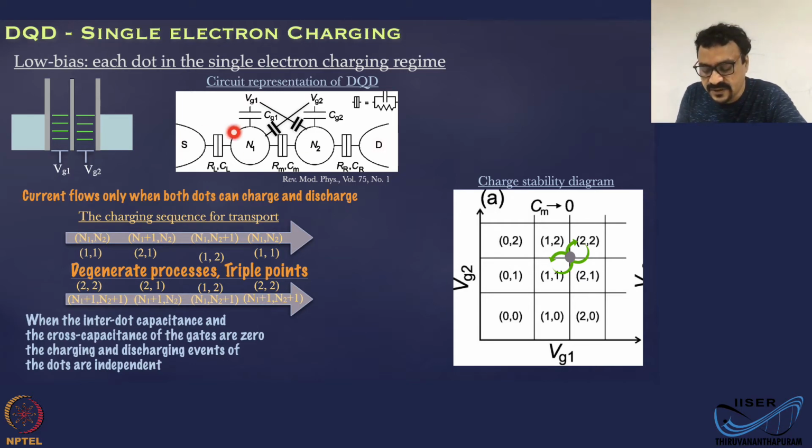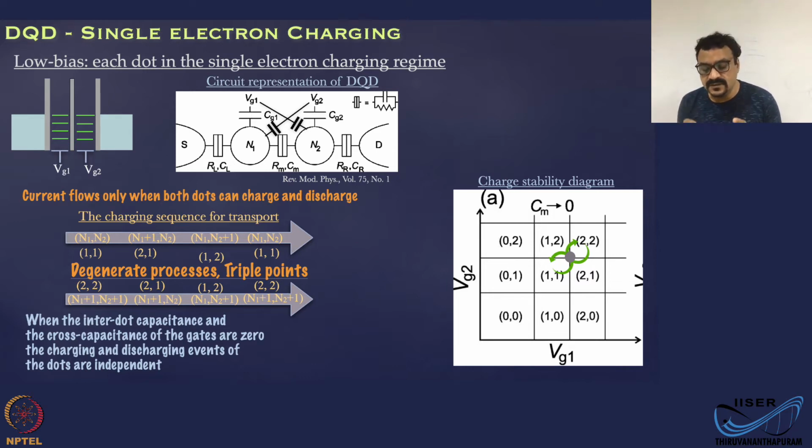The assumption is these two dots are in series. You have source, dot 1, dot 2, then drain, with n1 electrons on one dot and n2 electrons on the other dot. The transport requires a change in number of electrons in this dot.